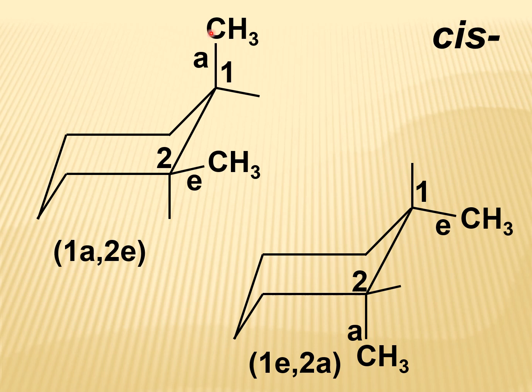In these two cases there is one axial substituent, and so there will be diaxial interactions, and so the stability will be medium for these two. The stability is equal for the 1A2E and 1E2A isomers, and it will be medium stability.